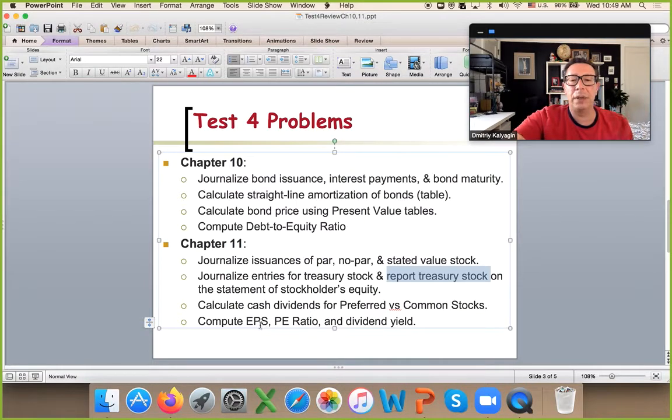You will also have to compute 3 ratios related to chapter 11: earnings per share, price to earnings ratio, and the dividend yield.